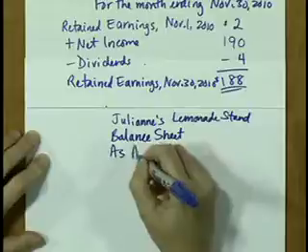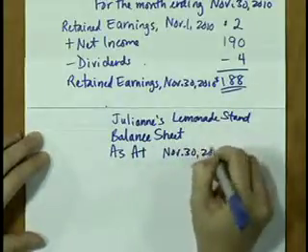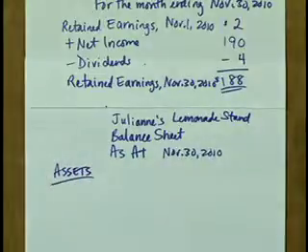And it's really important that you have the right title, as at November 30th. All right. So at this point, I've updated the balances already. It was coming automatically here on my spreadsheet. And I'm just going to pull these balances off and put them onto my balance sheet. Okay? And like I say, we generally list them in order of liquidity. And I already have them listed like that.